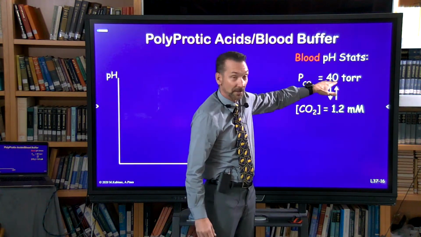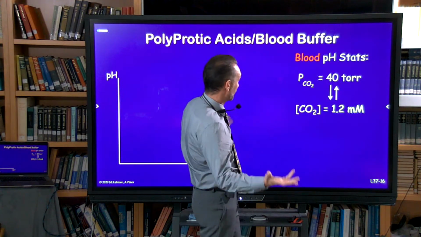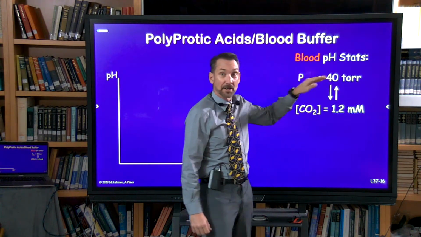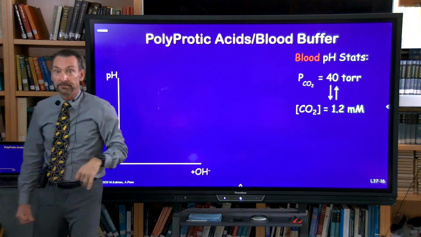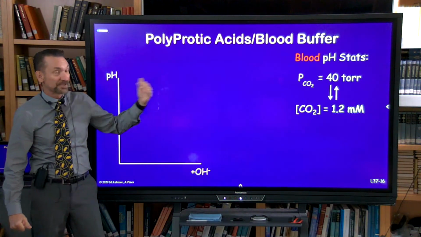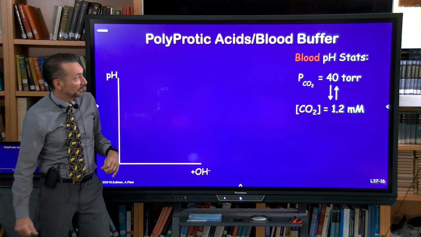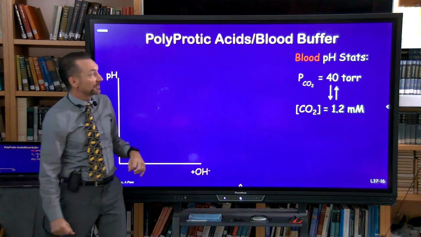So this is quite low. Not sure why I used torr there out of the blue, but quite low. About 5% of an atmosphere.